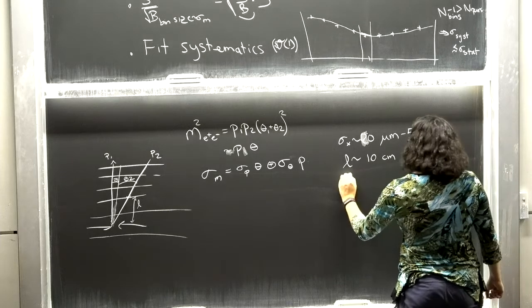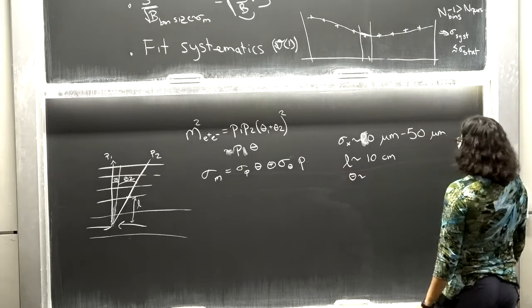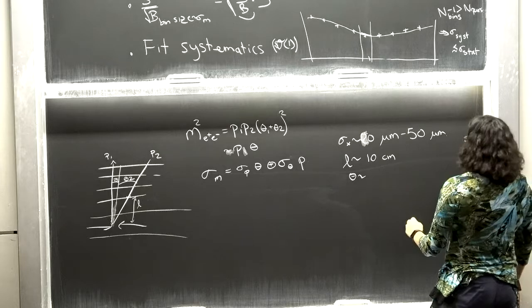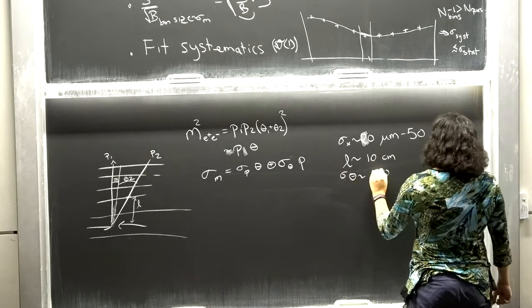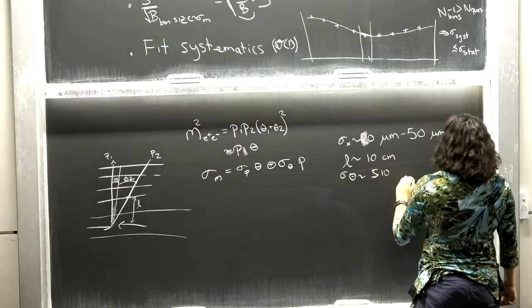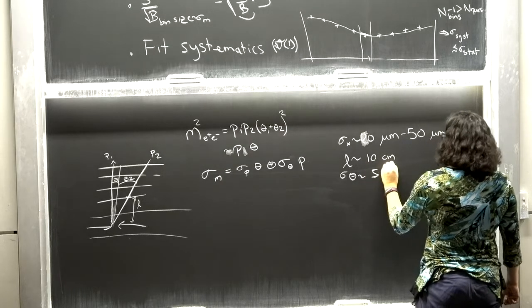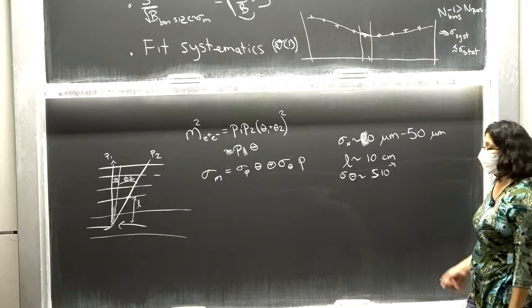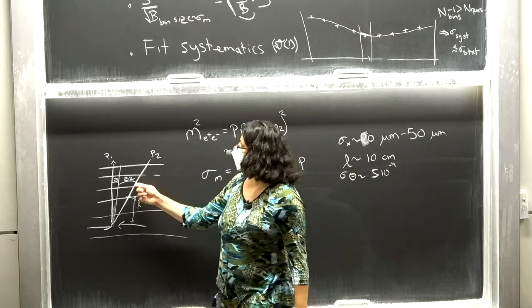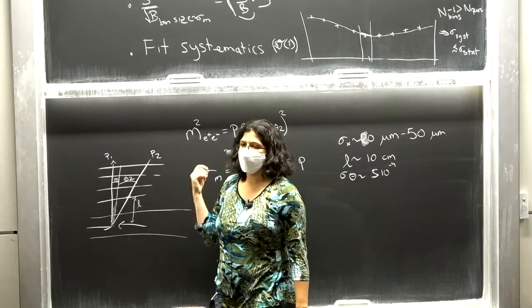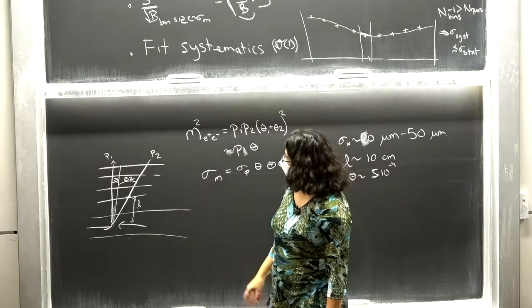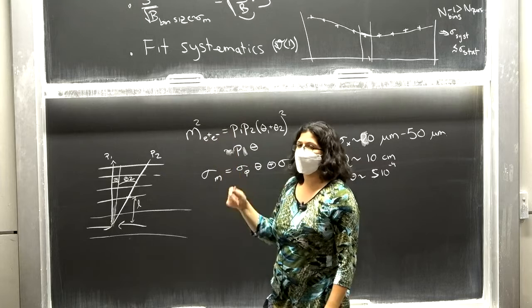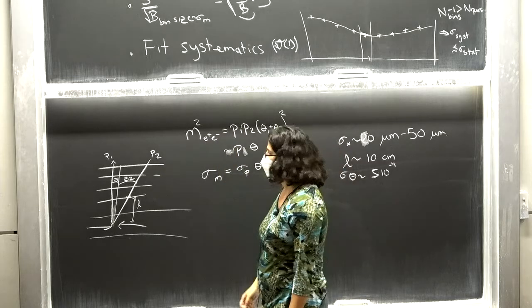So this gives you a scale of angular resolution that's going to be roughly like a sigma theta at the 5×10 to the minus 4 level. And the other thing is you can use multiple measurements to improve that uncertainty, by averaging them together. But again, you're still stuck with the fact that there could be different multiple scattering in each layer.